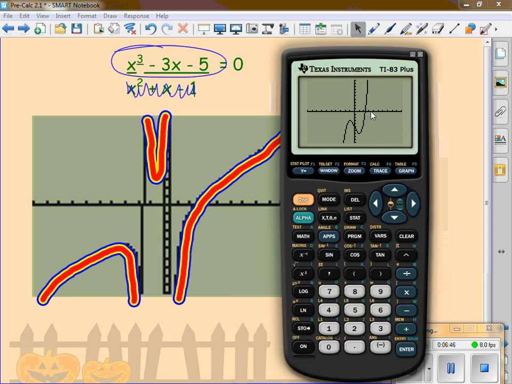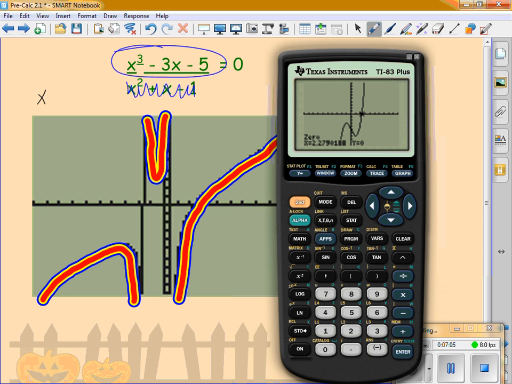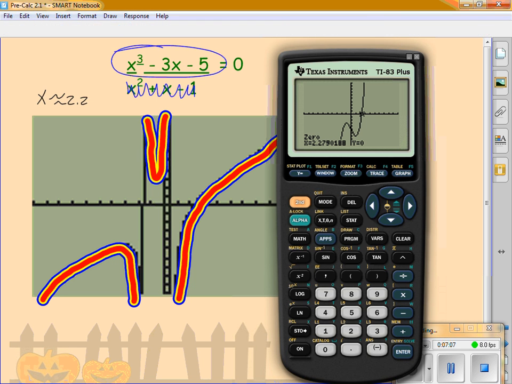I just need to find the zero right here. Second trace. Okay, zero. My left bound, I'll use 0. My right bound, 3. My guess, my answer is about x is about 2.279.